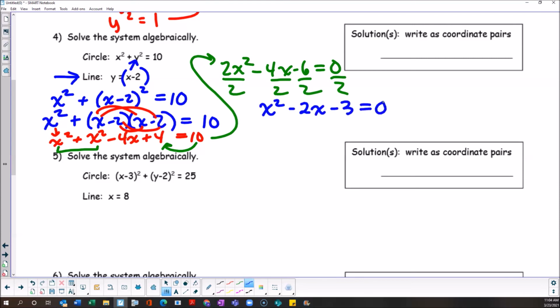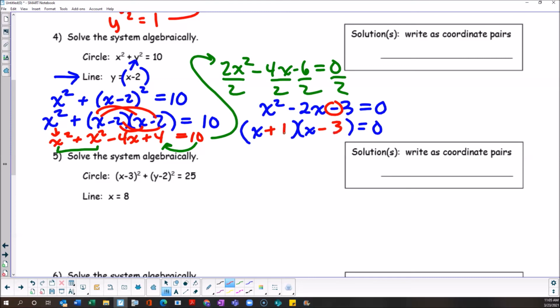Can we factor that? Yes, we can. We get x and x. A negative there, so my signs have to be plus and minus. So I end up with plus 1, but careful, not 2, 3, right?